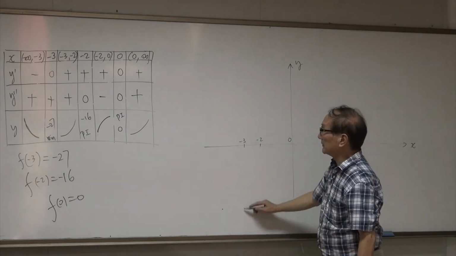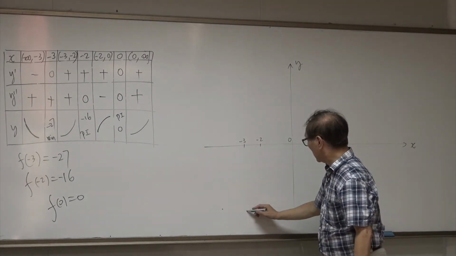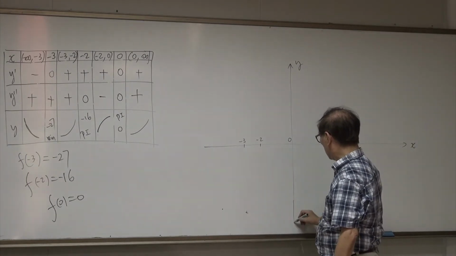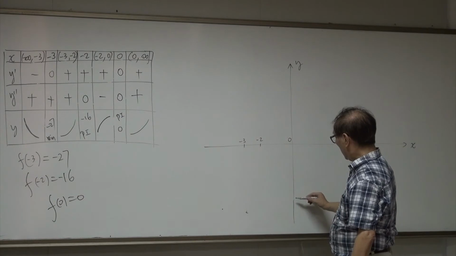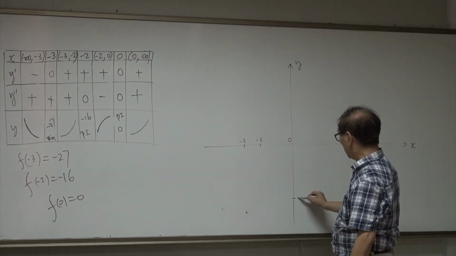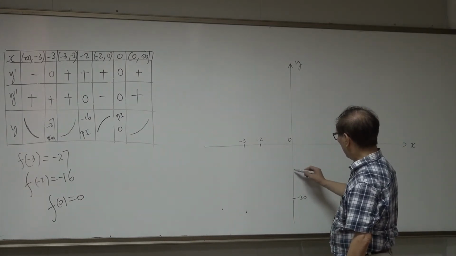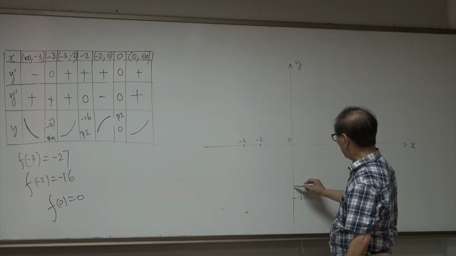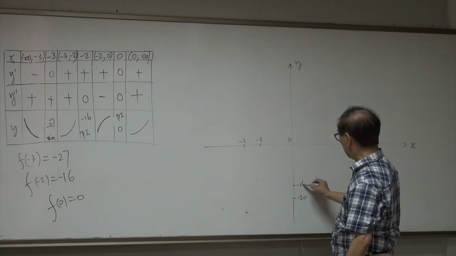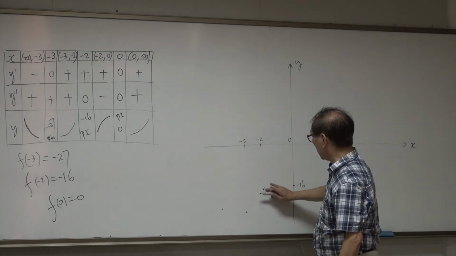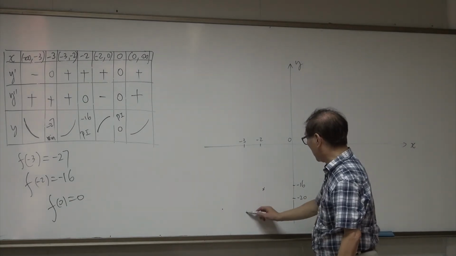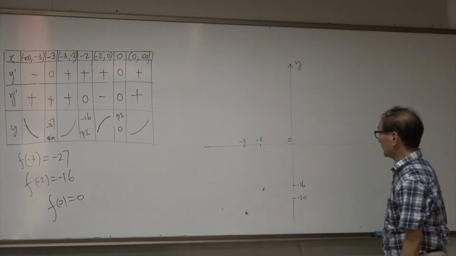This is minus 27. 20 is here. Minus 20. Minus 10. 16 is here. Minus 16 here, right? This is a sketch, I mean, roughly this is the situation.